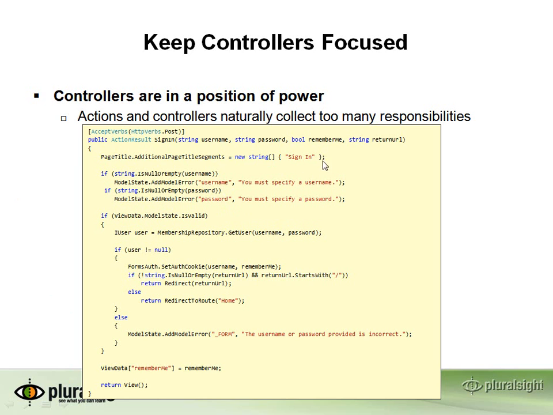If you were to go through the code, you see it's responsible for putting together some information for the page title, validating the model, fetching a user from the repository, setting an authorization cookie, redirecting the user back to the proper URL after they're trying to sign in, adding information to model state, setting up view data, returning the proper view. We've just looked through 5 or 6 different responsibilities inside of this controller.